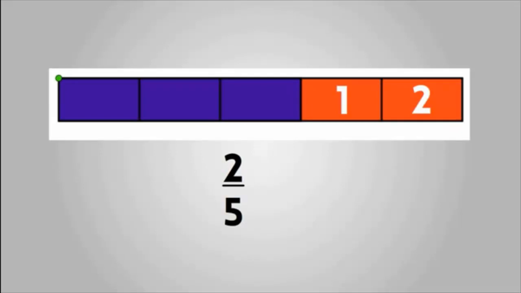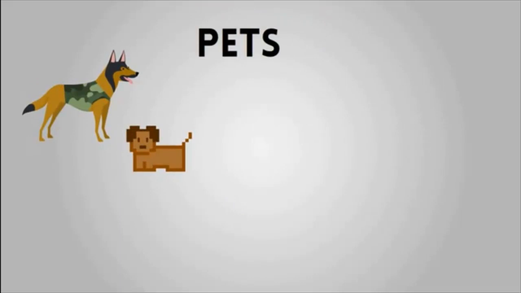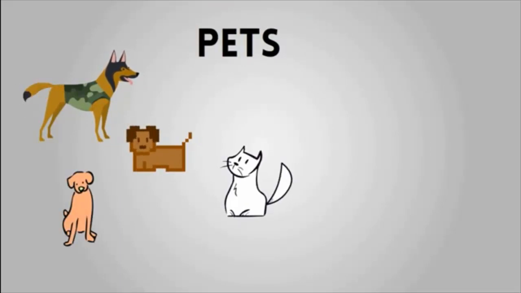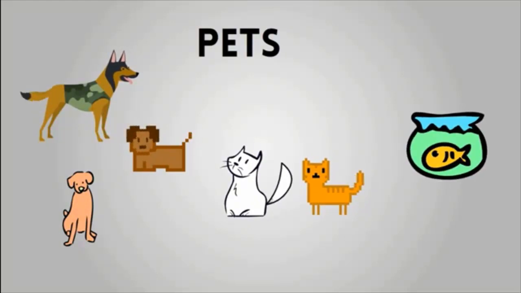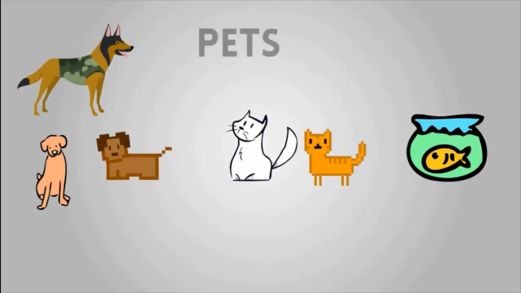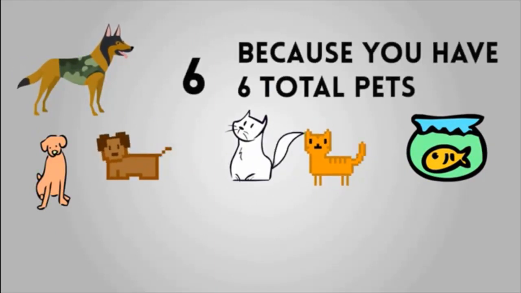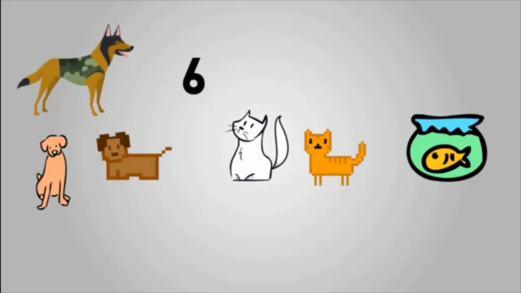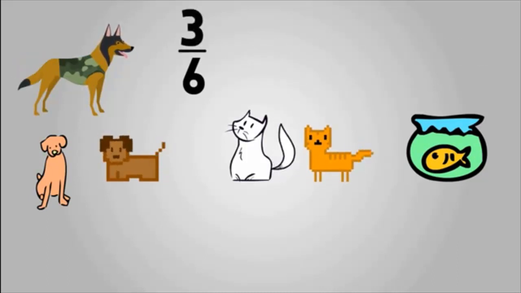However, fractions are everywhere. For example, imagine you have 6 pets. You have 3 dogs, 2 cats, and a fish. If you wanted to write a fraction of your pets, the denominator would be 6 because you have 6 pets total. And you have 3 dogs, so that would be the numerator.